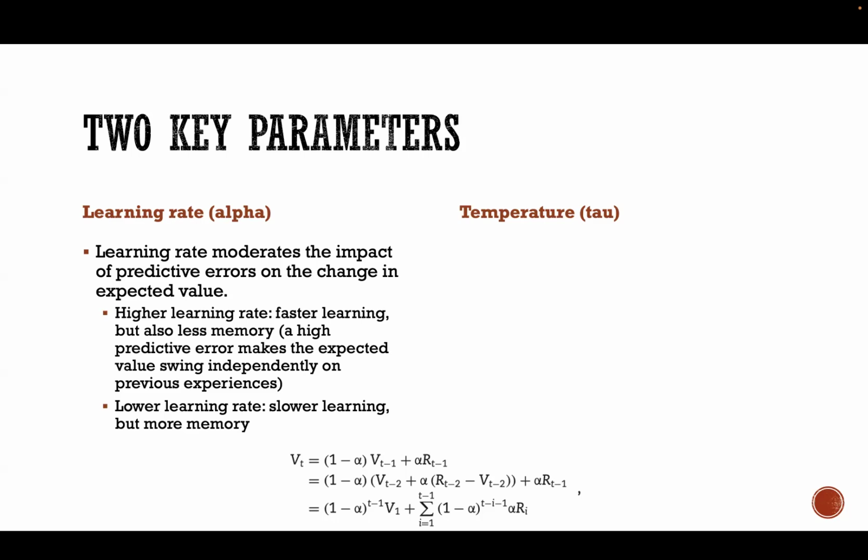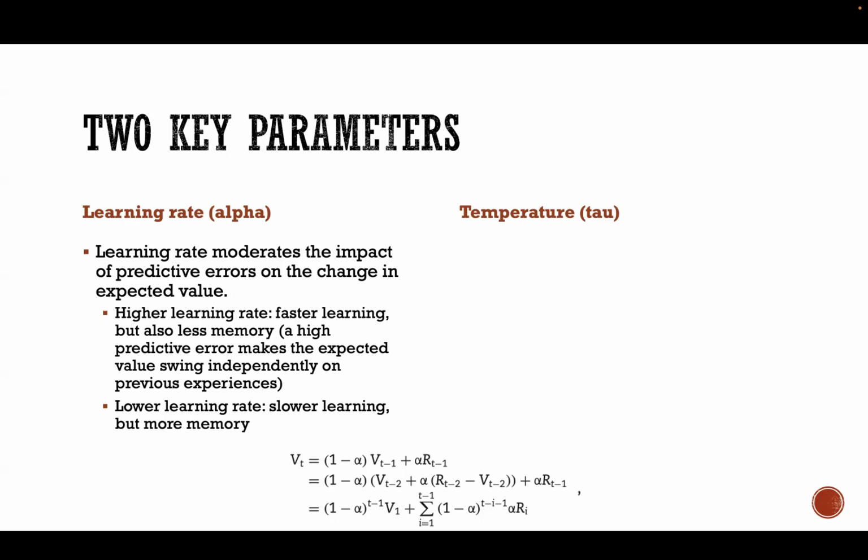And this unpacks as 1 minus alpha to the power of t minus 1 times the first expected value plus the sum from 1 to the current time of 1 minus alpha to the power of t minus i minus 1 times learning rate times the vector of rewards.